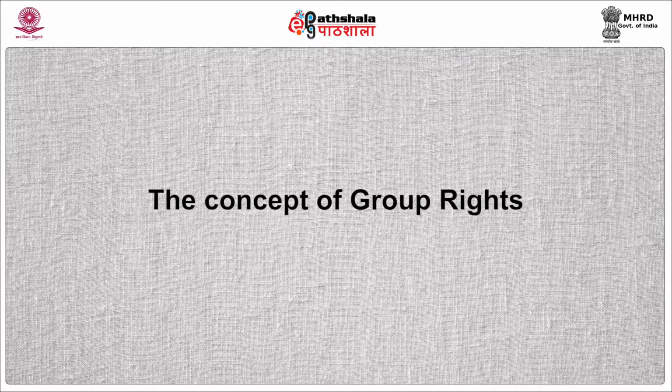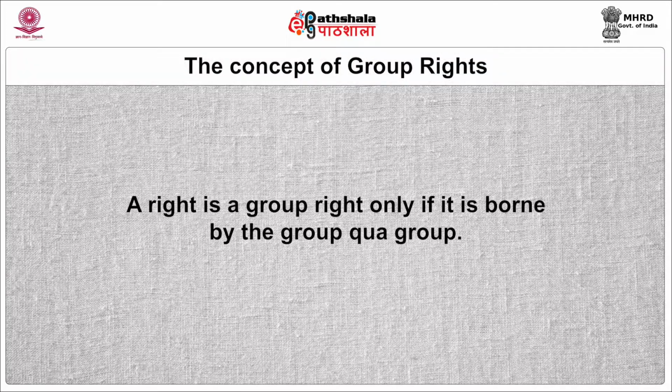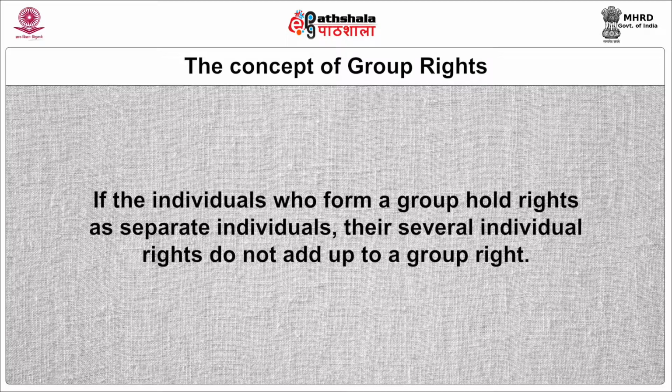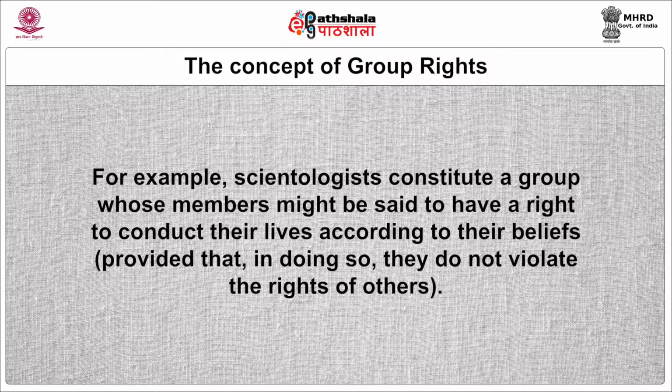The concept of group rights. A right is a group right only if it is borne by the group in qua group. If the individuals who form a group hold rights as separate individuals, their several individual rights do not add up to a group right. For example, Scientologists constitute a group whose members might be said to have a right to conduct their lives according to their beliefs, provided that in doing so they do not violate the rights of others.